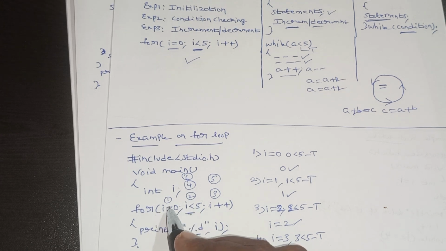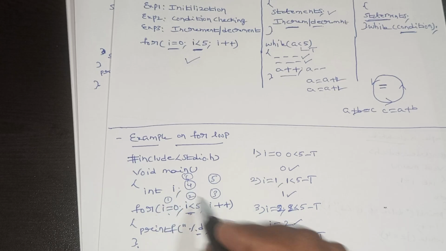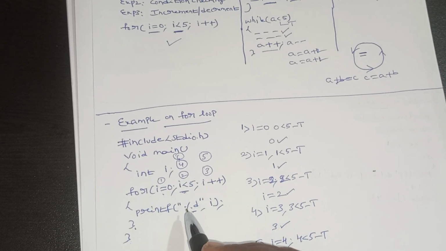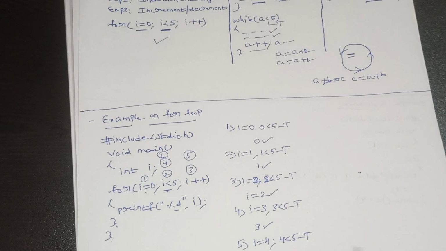First you check the condition true, then do something, again go to increment, check the condition. If the condition is true, do something, again you have to increment some value, that is I plus plus. Again you check the condition. So like this you have to repeat the for loop until when? Until the condition is false. Okay, so that is the for loop.